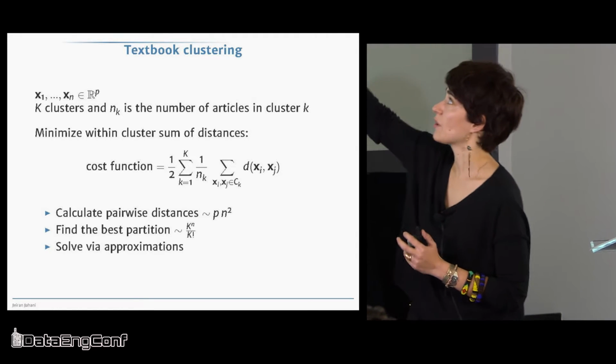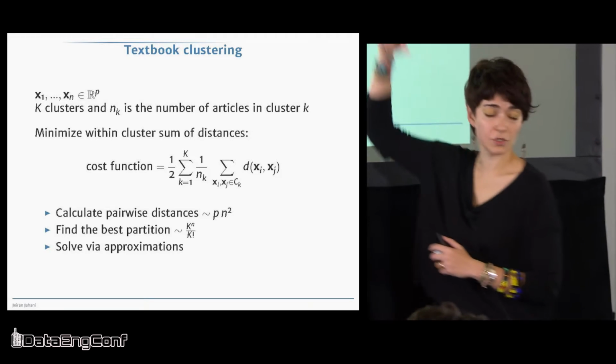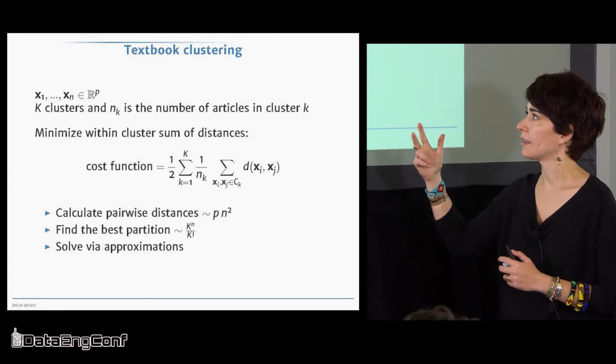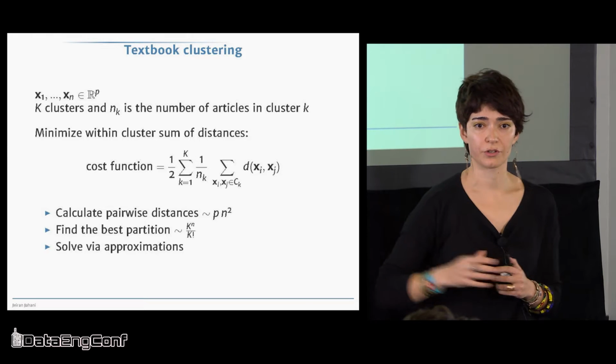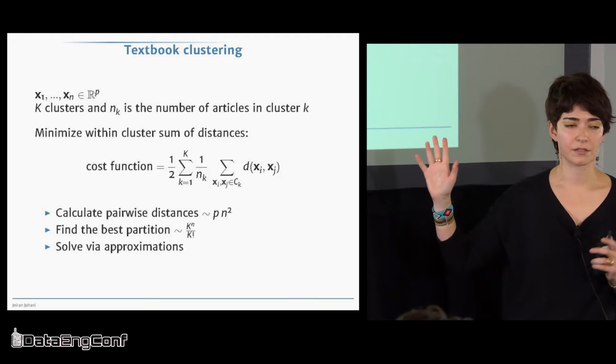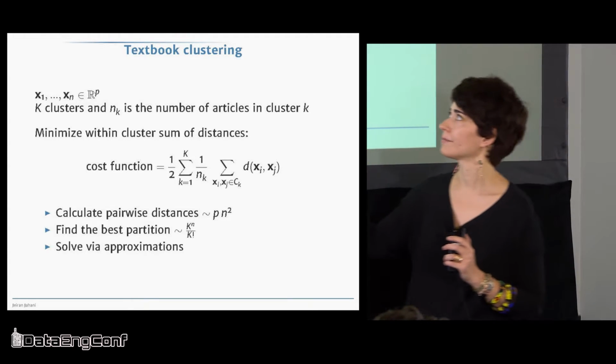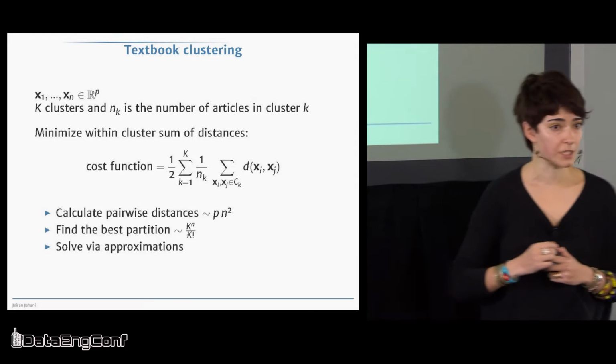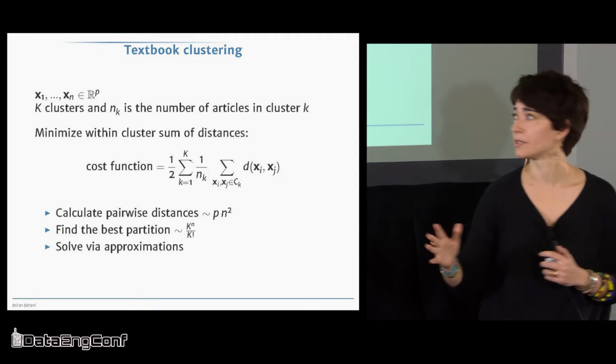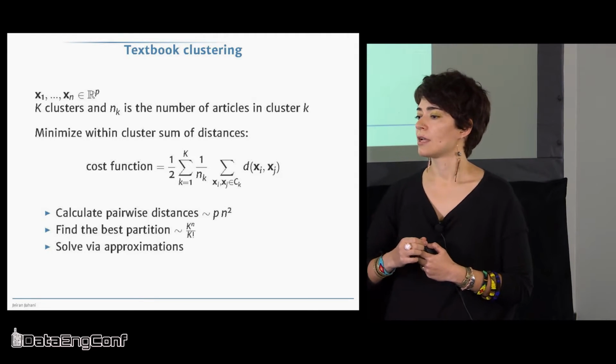First of all, you have to calculate the pairwise distances between any 2 points. And that's on the order of p n squared. It's not exponential, so it's not that bad. But still, it's expensive. For real-time applications, it's expensive.